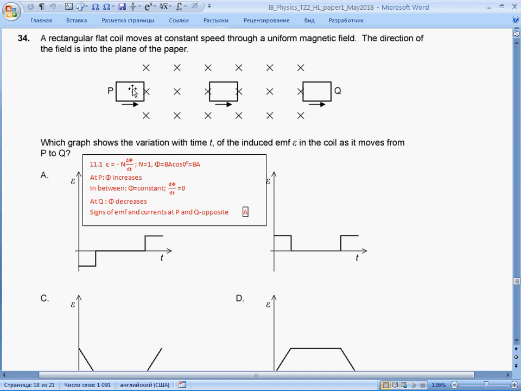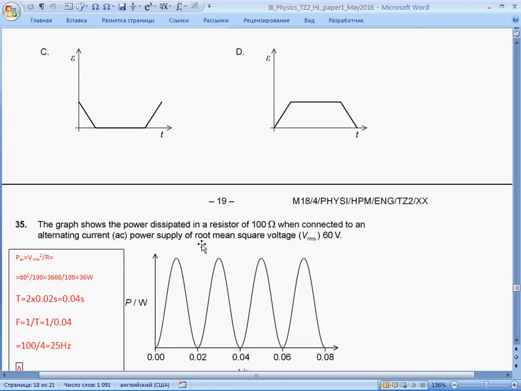Let's call it negative. And here no change because it is the same BA. Here decreasing. So I choose A because here we have a section with constant negative and here constant positive EMF.